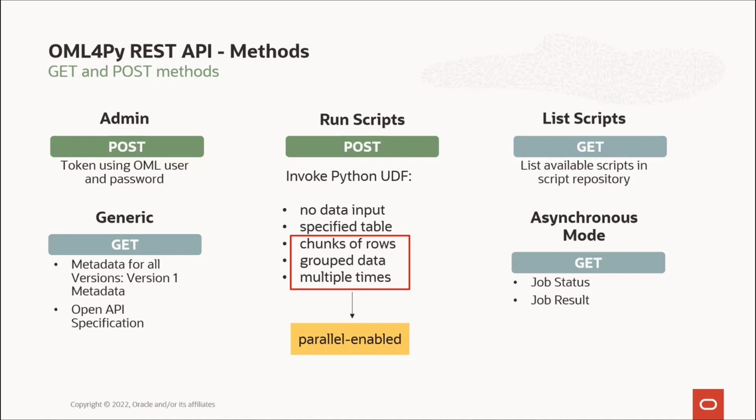And again, GroupApply, RowApply, and IndexApply, they are all parallel enabled. The scripts can run in synchronous mode, which is the default, or asynchronous mode for any scripts that take longer than 60 seconds to complete. When you're using the asynchronous mode, there's the ability to poll the job status to see if it's still running. And then when it's finished, you can look up the job result according to a job ID that's provided.